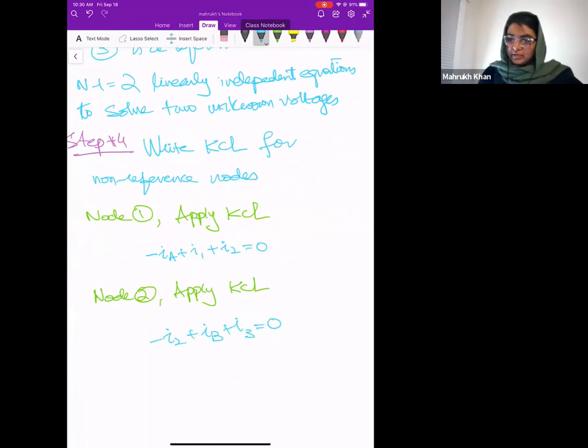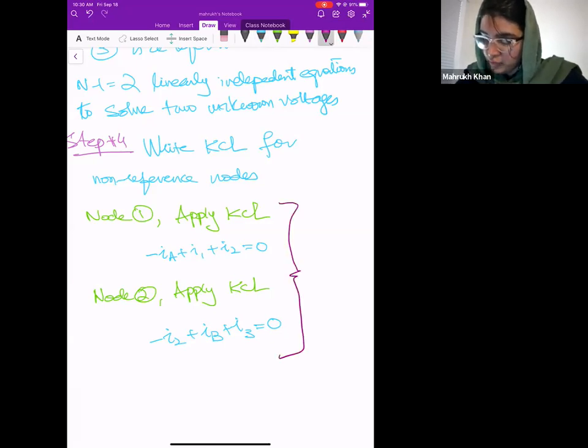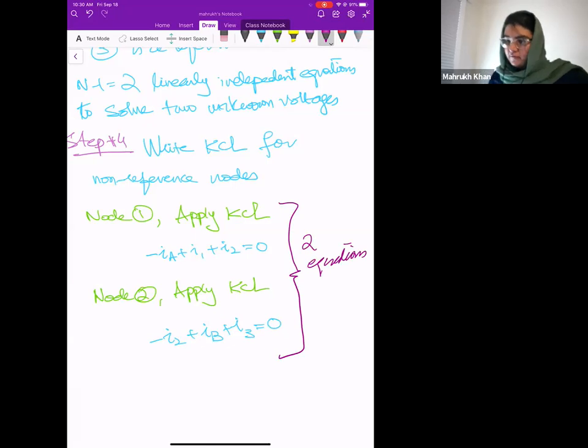So I just need, I think, these two equations to solve my problem, which is finding V1 and V2. Okay.